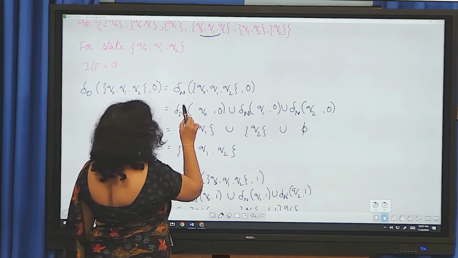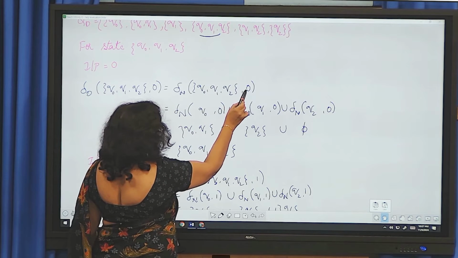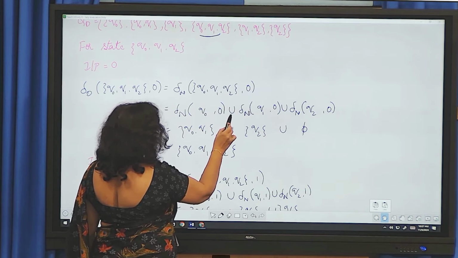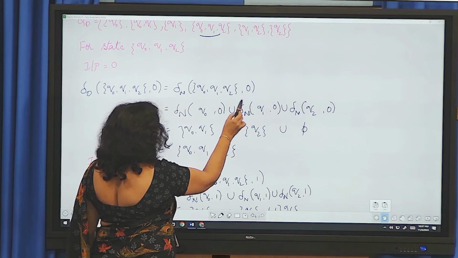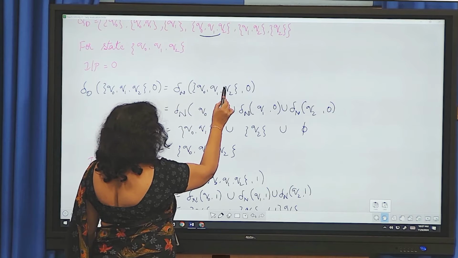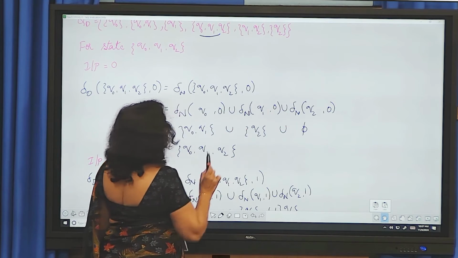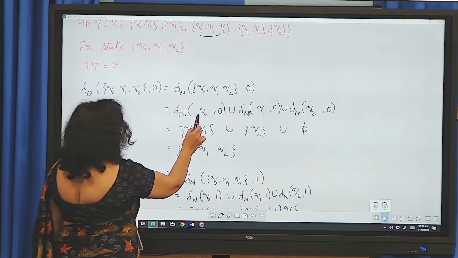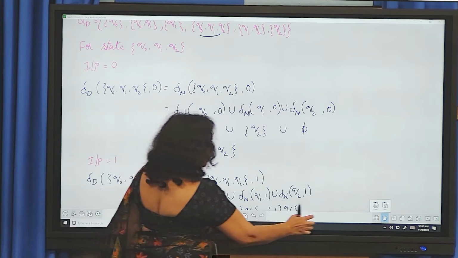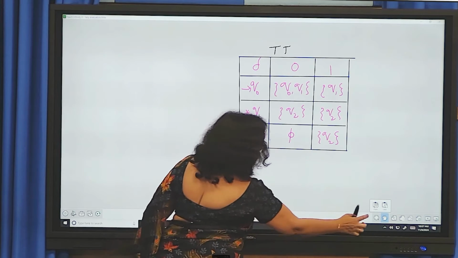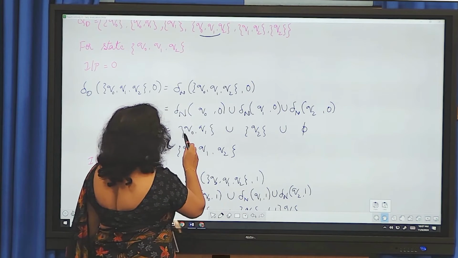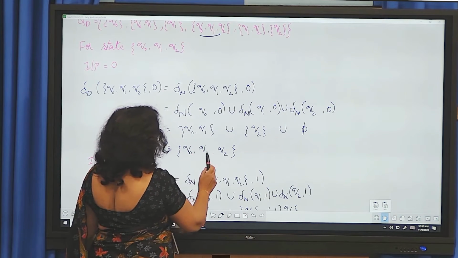This is equal to delta N of Q0 on 0 union delta N of Q1 on 0 union delta N of Q2 on 0. So, what is Q0 on 0? Q0 on 0 is Q0 Q1.